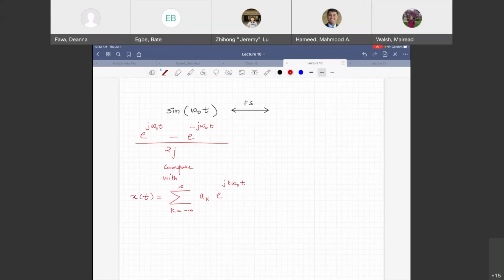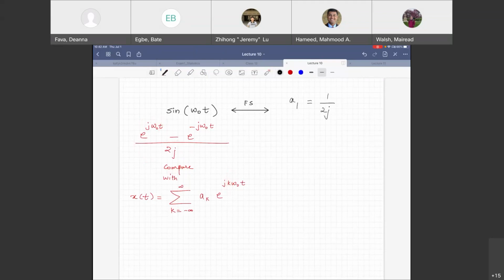Well, if you compare the coefficients, the only two things that you will get are A1 and A minus 1. So what do you get for A1? When k is 1, this is 1 over here, which means you're talking about this term, so you get 1 over 2j.